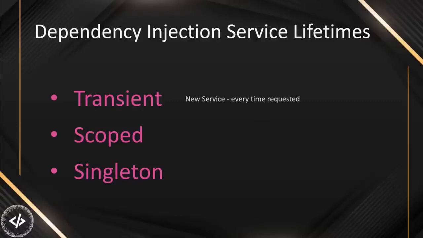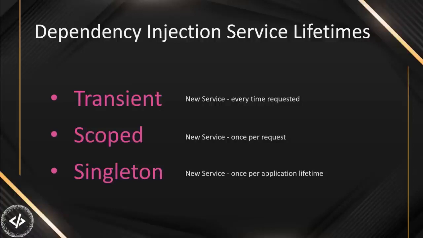To give you a rough idea again, transient: a new service is created every single time. For scoped, a new service will be created once per request, and for singleton, a new service will be created once per application lifetime. Now scoped is one of the most recommended approaches for web applications.